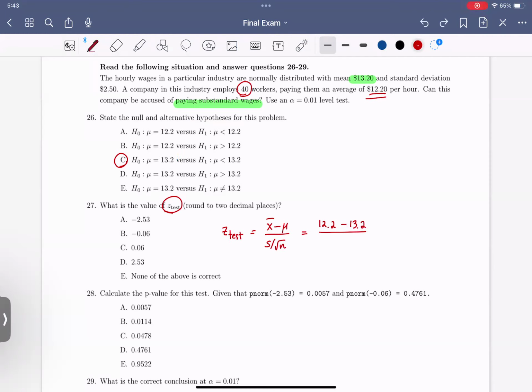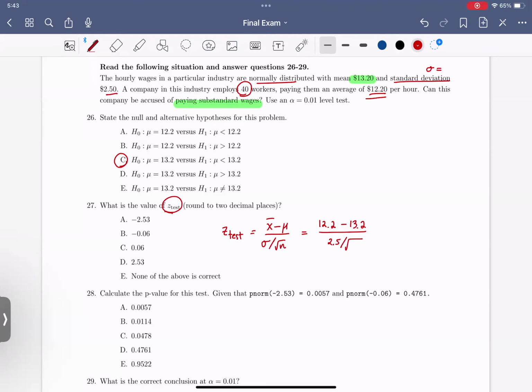And then you're also going to have S, which is, oh no, not S, it's sigma, right? Because it's normally distributed here with the standard deviation 2.5. So it's actually sigma, because you know that sigma is 2.5, over square root n.